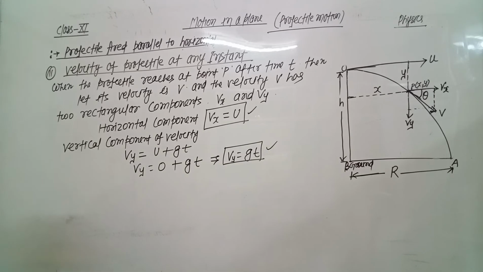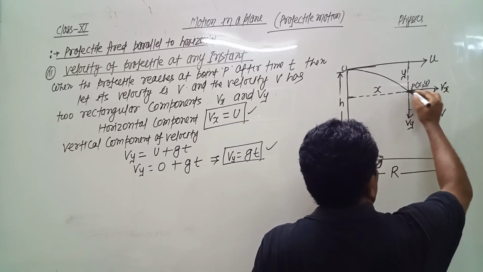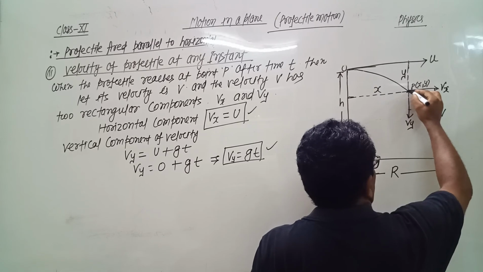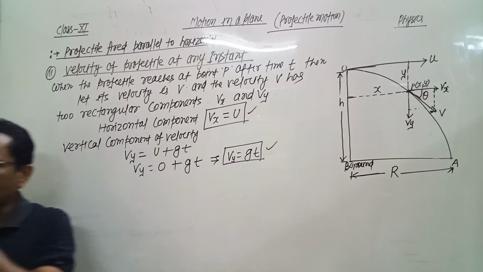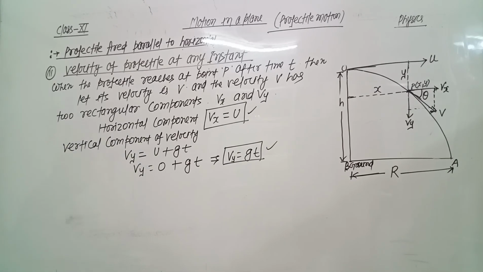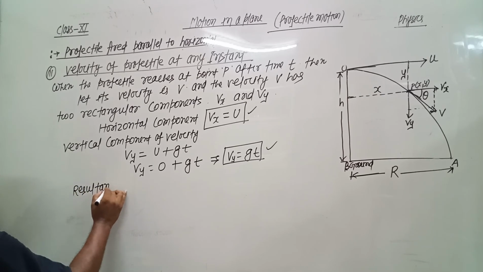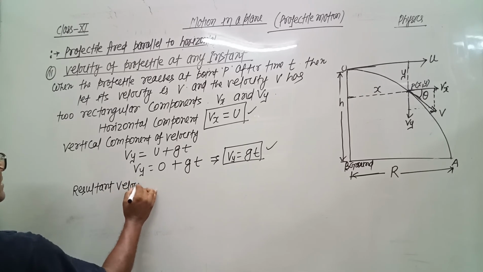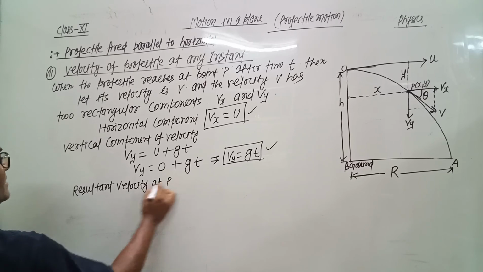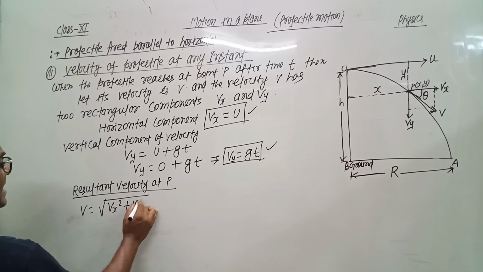To find the resultant velocity, since these are rectangular components, with Vx and Vy, by Pythagoras theorem we can calculate the resultant velocity at P. So the resultant velocity at point P, V equals root of Vx square plus Vy square.